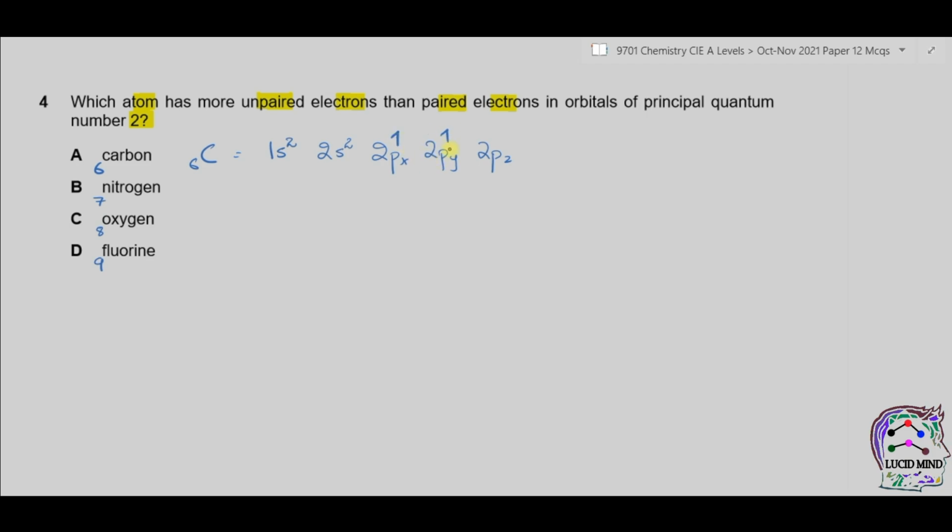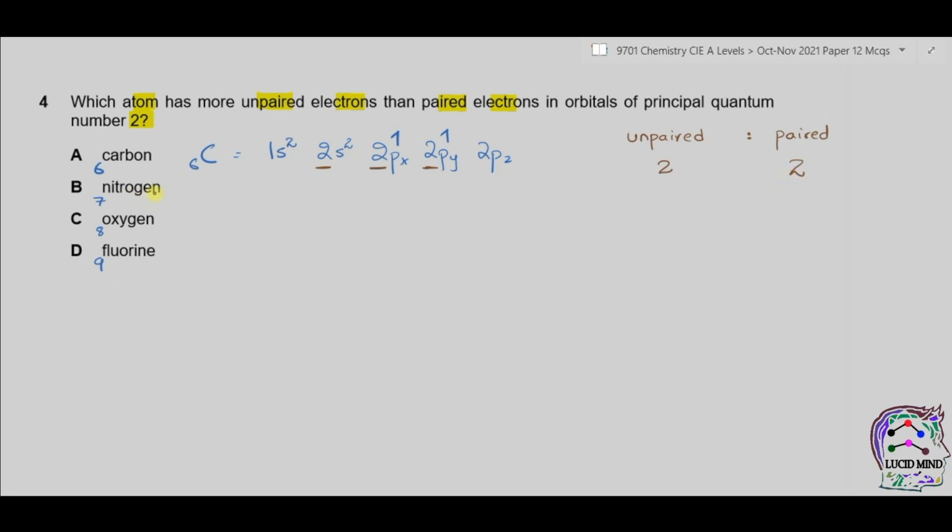Now we have 2 unpaired electrons present in principal quantum number 2, and we have 2 paired electrons present in principal quantum number 2. So the ratio of unpaired to paired: there are 2 unpaired electrons and 2 paired electrons.